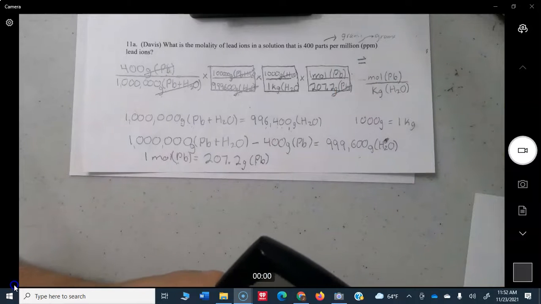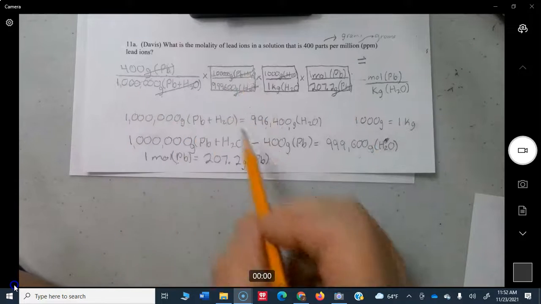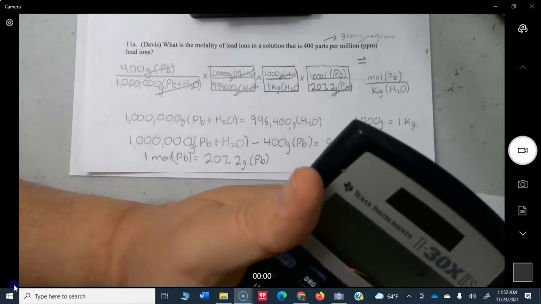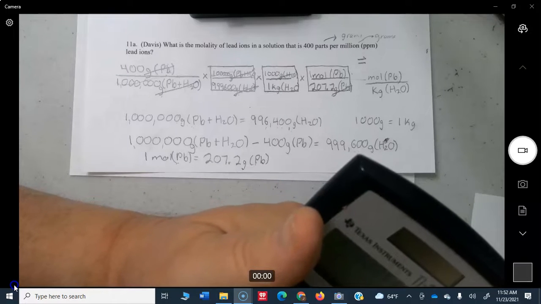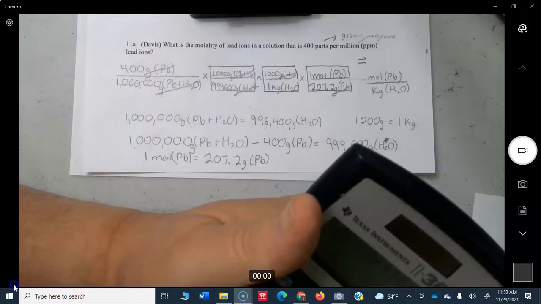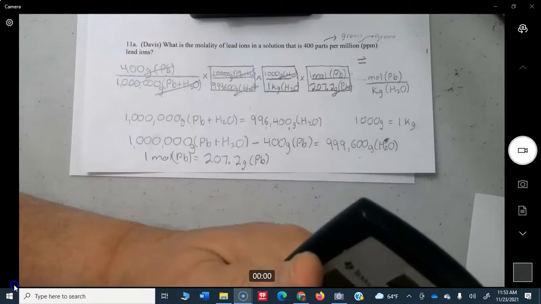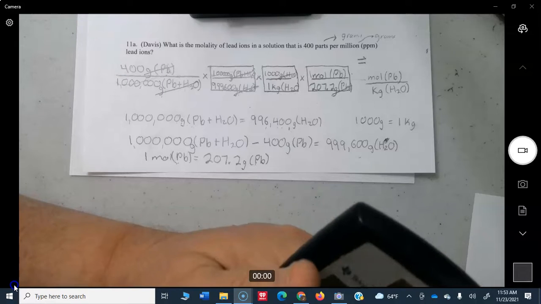So we've got 400 times 1 million. Now if you want to simplify it now, you could go ahead and cancel the million there and the million there. But I've never done that before, so I'll leave it as a million. Times 1,000 divided by 1 million. Divided by 999,600.